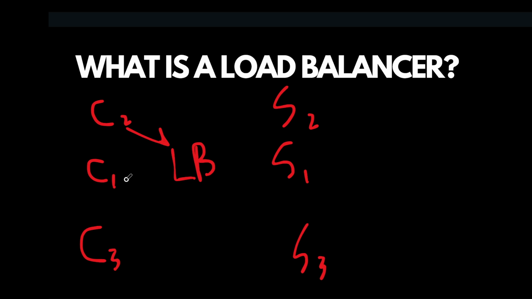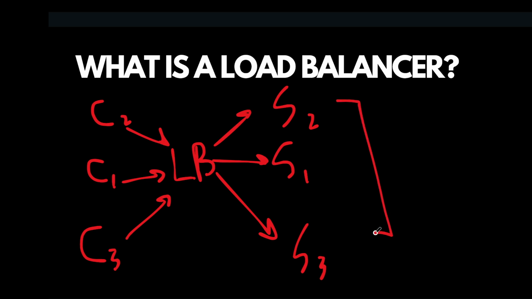The load balancer will distribute all the incoming traffic coming from the clients across these servers. Okay, making sure that when the client tries to hit the load balancer again, the load balancer will always redirect it to the same server. That means the client doesn't lose its cache.